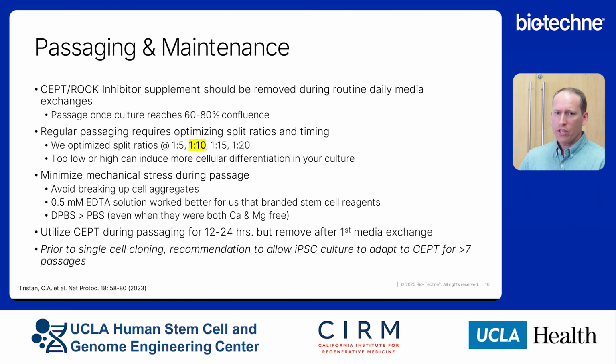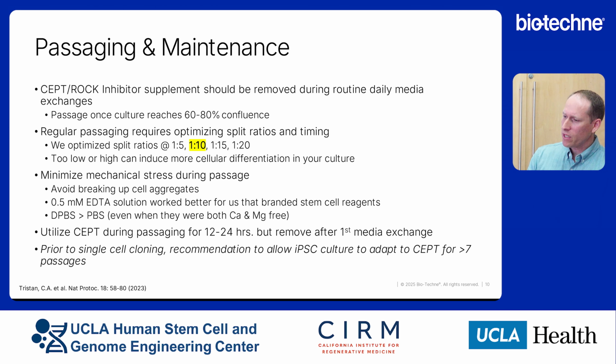Whenever you're passaging cells, we really don't want to break the cells up as single cells during this process. We want to keep the mechanical stress on the cells very low, so we avoid breaking those aggregates up, and we use just a simple 0.5 millimolar EDTA solution, which is a metal chelator, so it helps the cells break loose of the attachment and creates small clumps of cells.